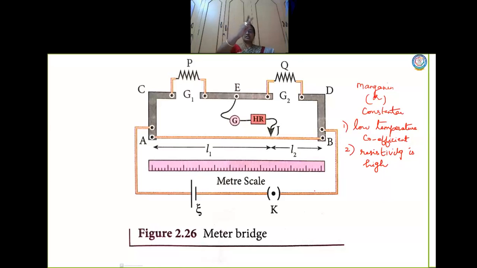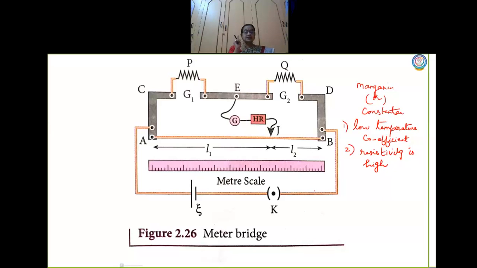Suppose initially the galvanometer needle is here. Now when you keep on moving the jockey along the wire AB, the current keeps on increasing, and at a particular point the galvanometer shows zero deflection.